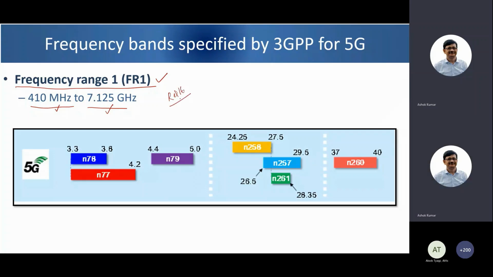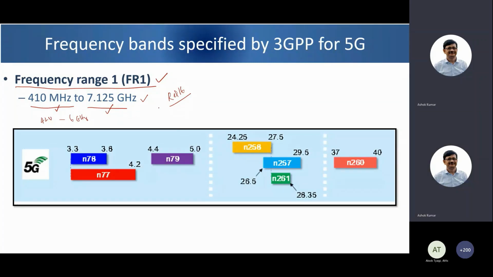In Release 15, this was starting from 420 megahertz and ending at 6 gigahertz. That's why in many of the literature or presentations by other speakers, you will hear this as a 6 gigahertz or sub-6 gigahertz concept. But in Release 16, this was expanded up to 7.125 gigahertz and started at 410 megahertz.